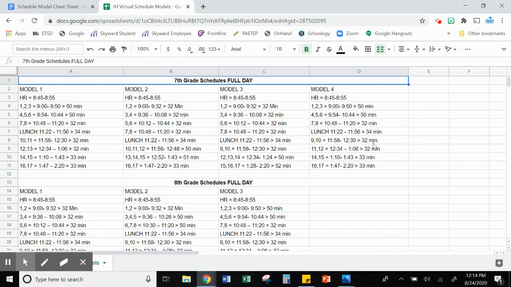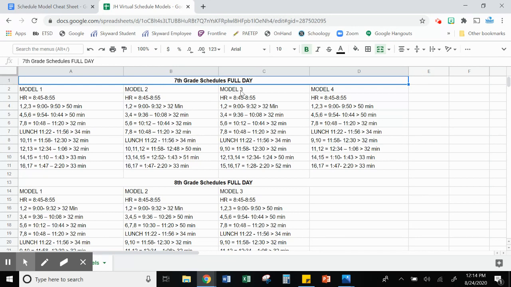For instance, if you look here at Model 2 for 7th grade, you'll see that the period sequencing goes 1, 2, 3, 4, 5, 6, 7, 8. Then there's a lunch, but then it goes from 8 to 10. That's because for this schedule, lunch is actually period 9.